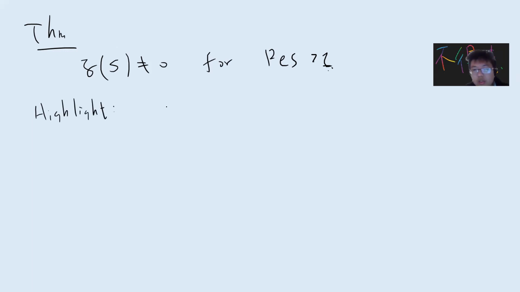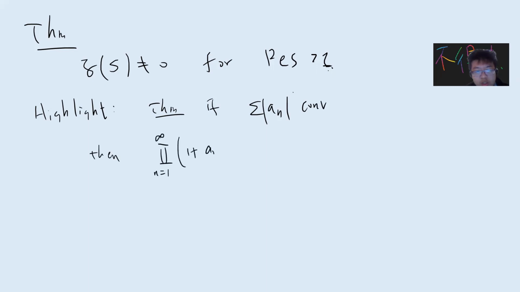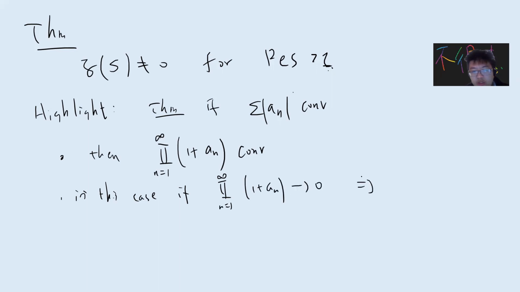There's a theorem that says if the summation of an converges, then the product over n from 1 to infinity of (1 plus an) converges. Also, the product converges to 0 if and only if some term 1 plus an is 0. Once you have this powerful theorem, you can easily prove these results.